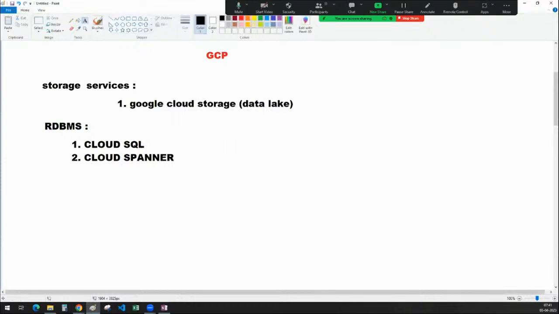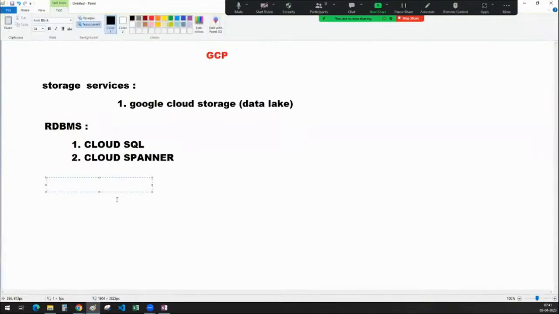What about NoSQL databases, guys? If you ask me, in NoSQL databases we have Bigtable, and we have one more thing called Datastore.